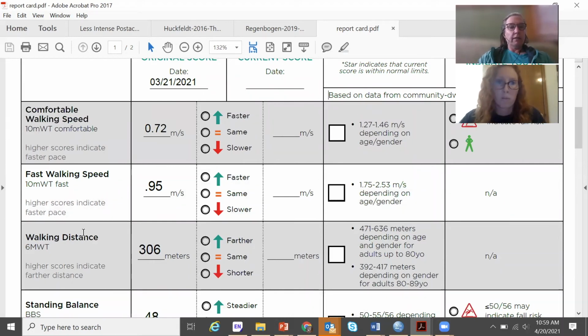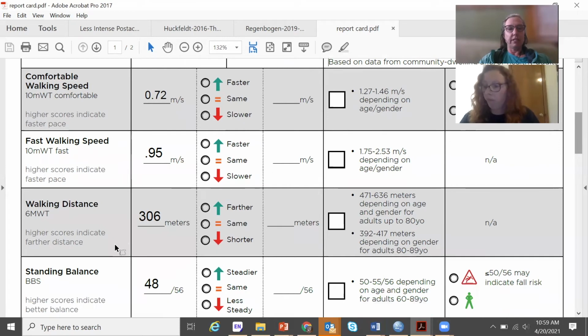So let's go next to our walking distance. This is how far she walked in 6 minutes, and she walked 306 meters. If we were to convert that, just to give us a sense of her speed over time as she's walking a distance, what does that turn out to be in comparison to her comfortable walking speed and her fast walking speed?